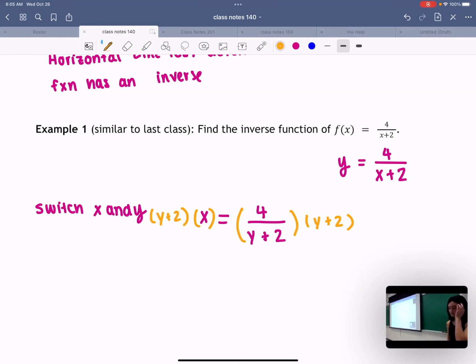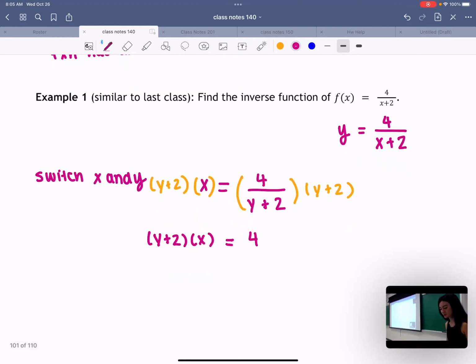All right. Now on the left-hand side, I have y plus 2 times x. And on the right-hand side, it looks like the y plus 2's cancel out, and I'm left with a 4. Okay. Now this looks really weird because I have x's and y's on one side and 4 on the other side.